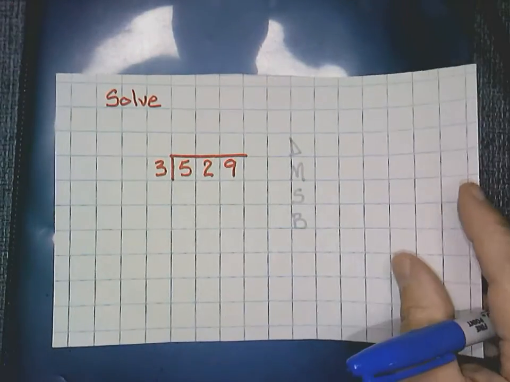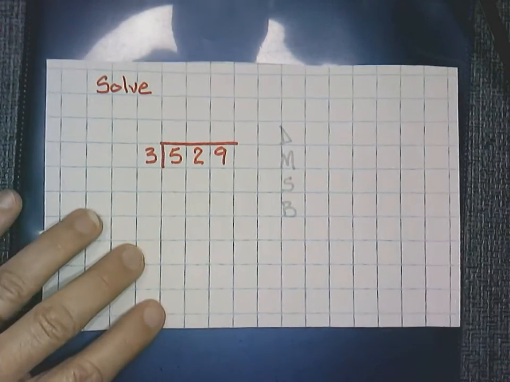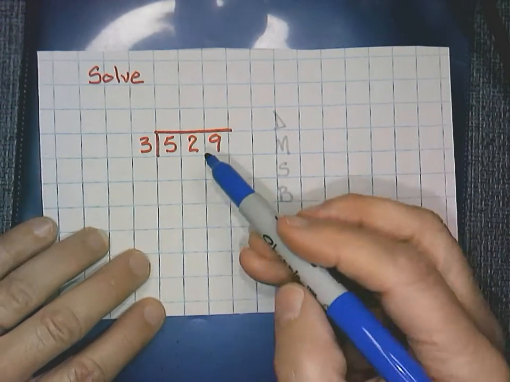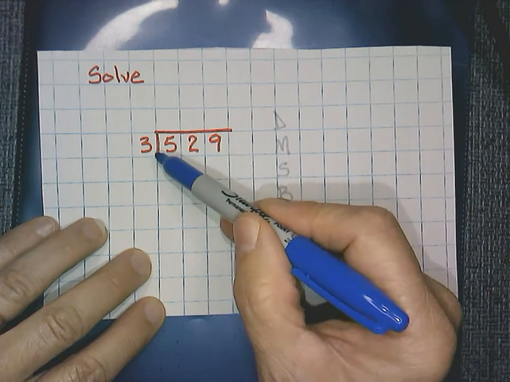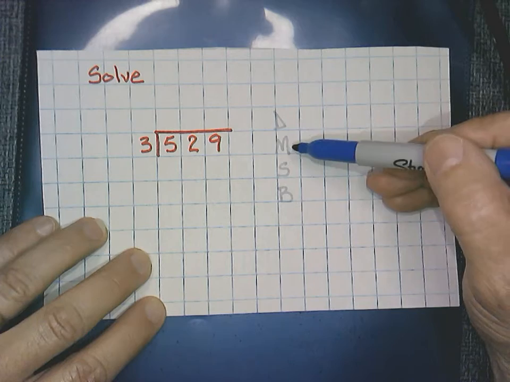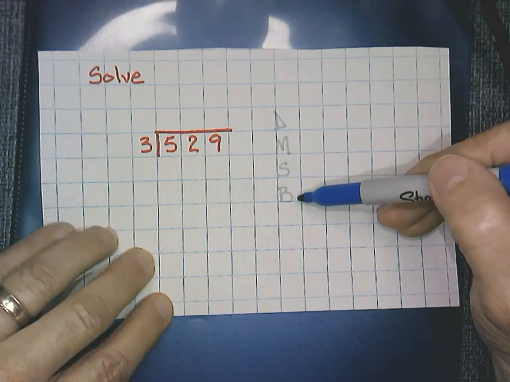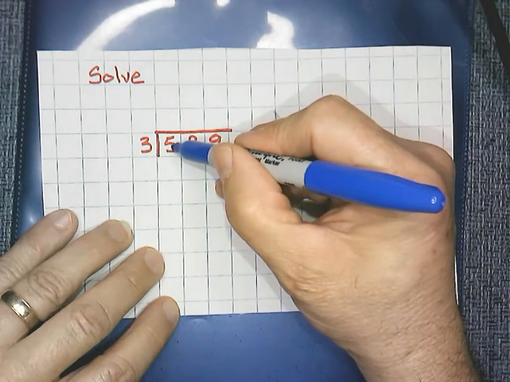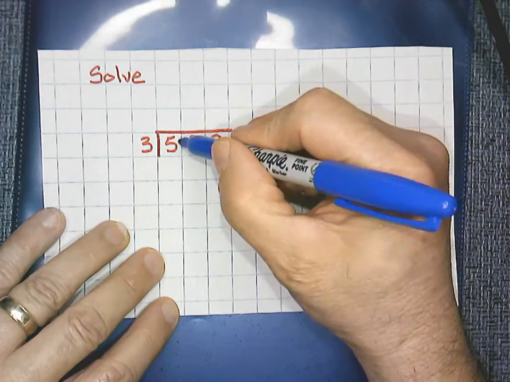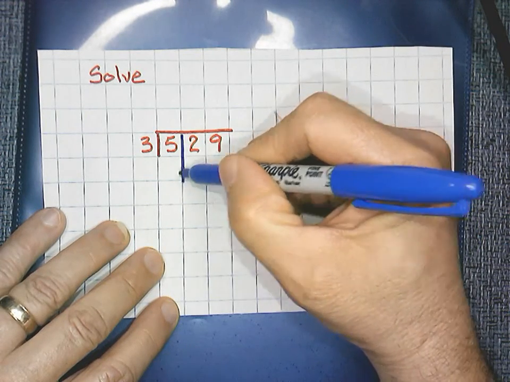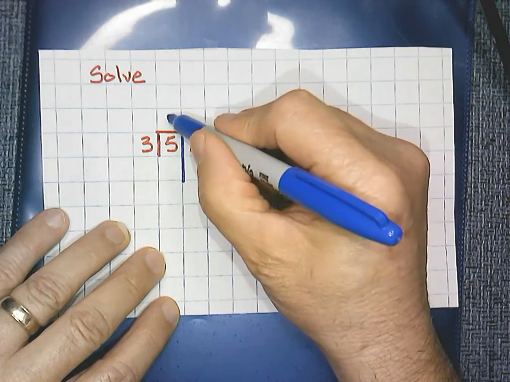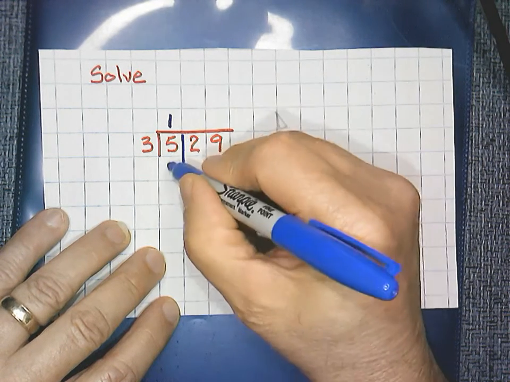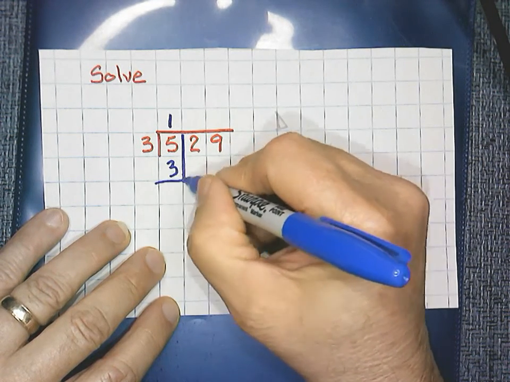And finally, our second kind of tricky problem today, solve 529 divided by 3. Remember, we divide, multiply, subtract, and bring down. Go digit by digit. 3 does go into 5.